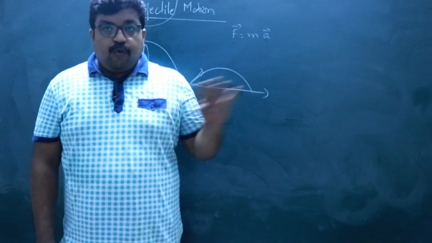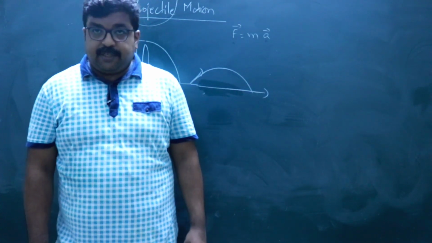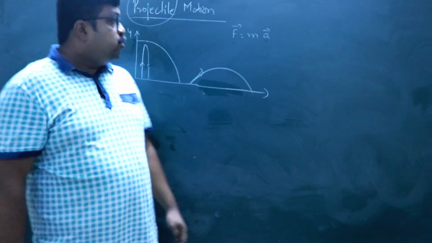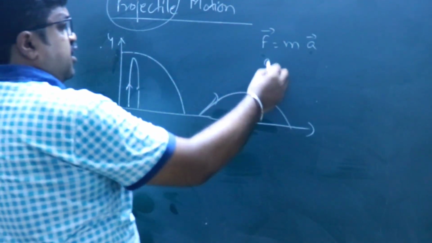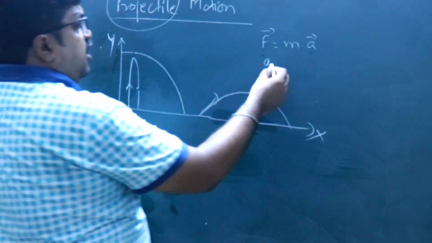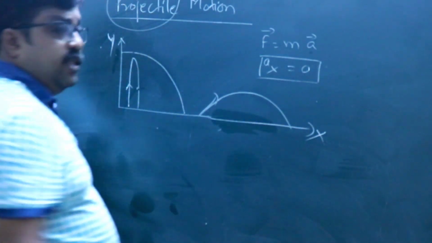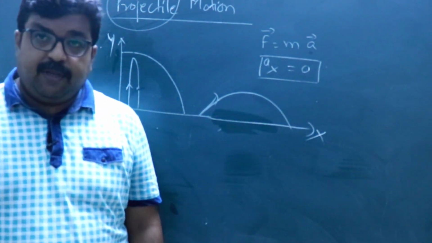Okay, there is no force along the horizontal direction, so there is no acceleration along the horizontal direction. Okay, for normal cases. So if this is x-axis, this is y-axis, acceleration along x-axis is 0. Okay, this is another fundamental concept.